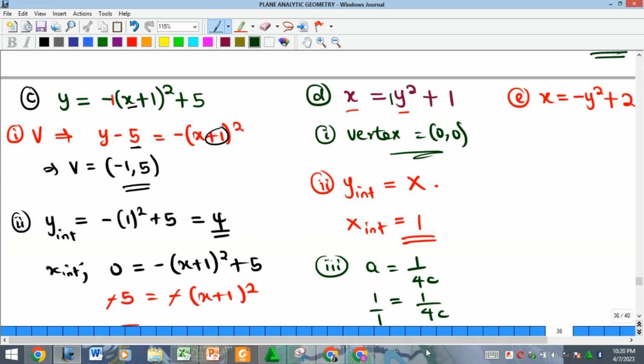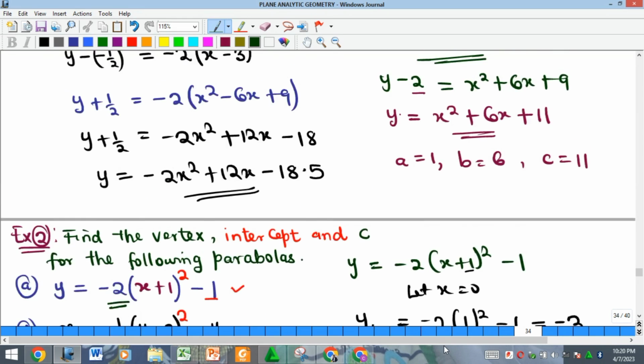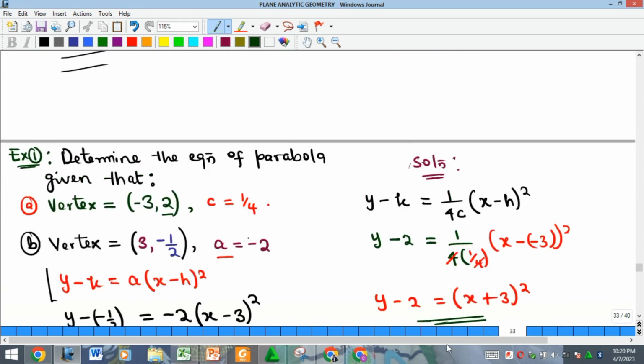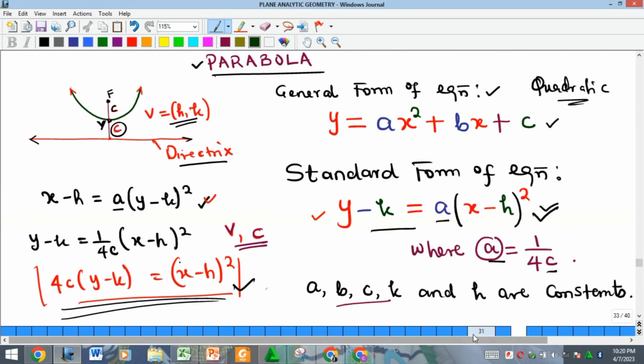Okay, and that is that about the introduction to the concept of parabola and its equations. You recall that I said that the equation of a parabola is of two forms, the standard and the general. The general is basically the quadratic general form of equation, and every parabola by the diagrammatic representation has some features: the vertex, the focus, the c, which is the distance between the vertex and the focus, and the directrix, which is the horizontal line below your vertex.